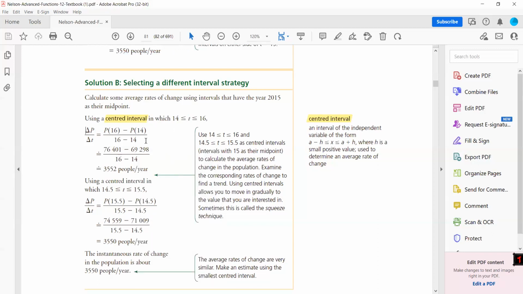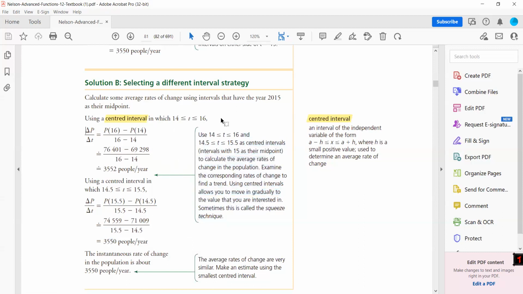What if we decrease our step and make it half a year? What would happen then? You can see that your prediction would get even more accurate. It would get closer to the true value.